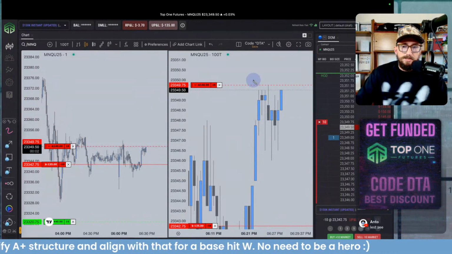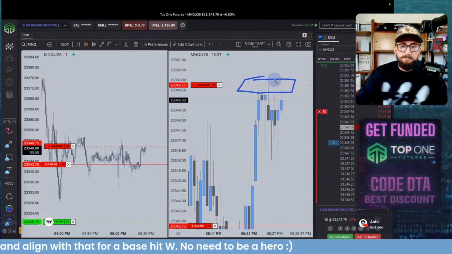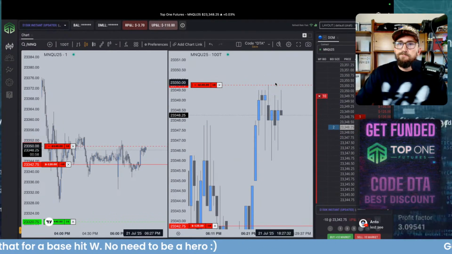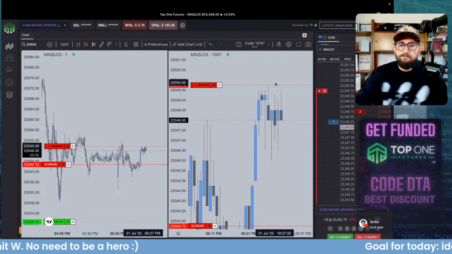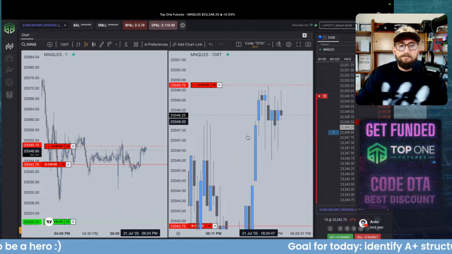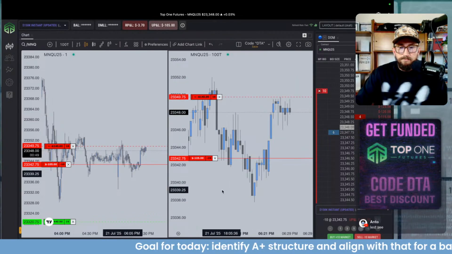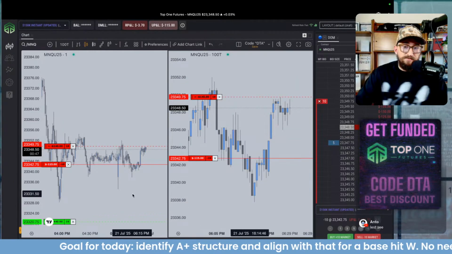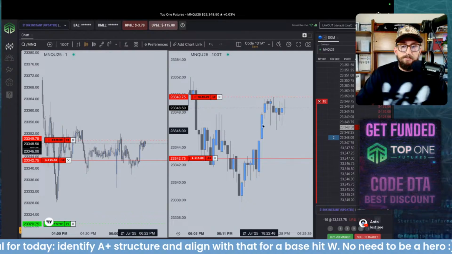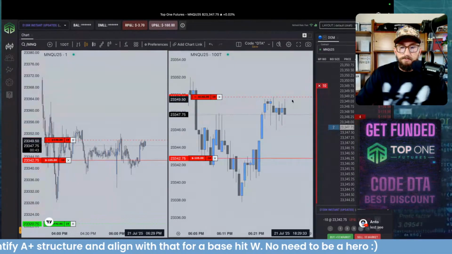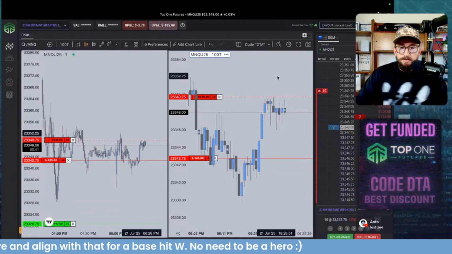Yeah, here's the stop, ideally. Come on, come on. It's fighting it, but I don't think it's going to win. I'm almost certain we went one tick away.